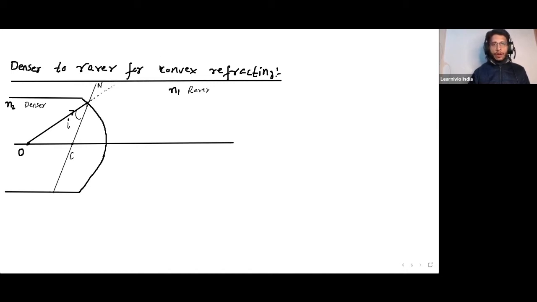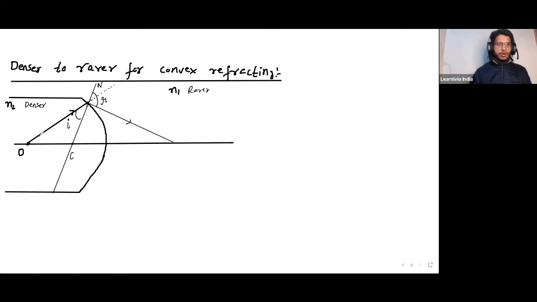But due to refraction, your ray will bend away from the normal and it will go here. This is your refracted ray. And see, this is your normal, this is the refracted ray, and this is known as the angle of refraction.